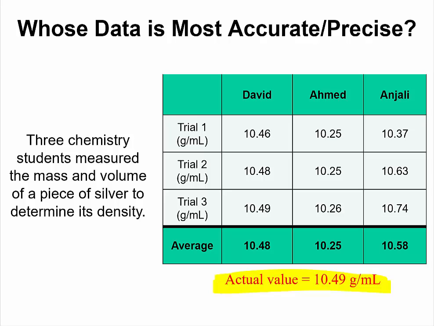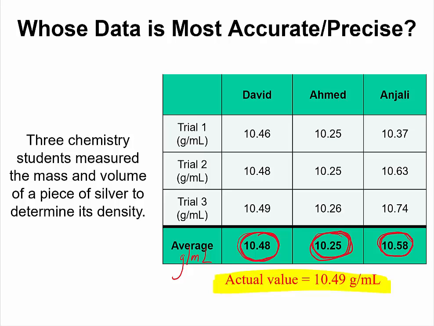The 3 trials of David, after they have been averaged, come out to 10.48 gram per milliliter. The 3 trials of Ahmed come out to 10.25 gram per milliliter, while the three values of Anjali come out to 10.58 gram per milliliter.